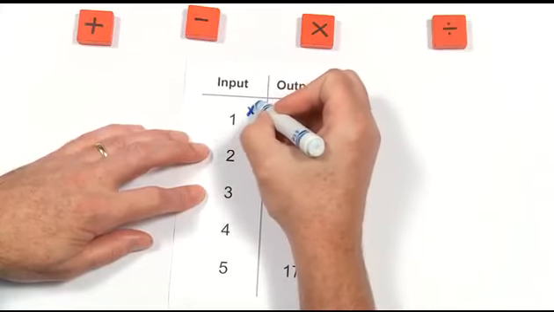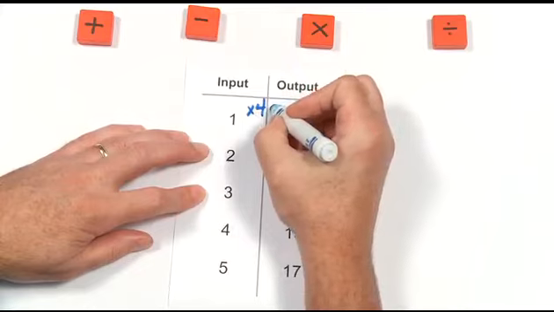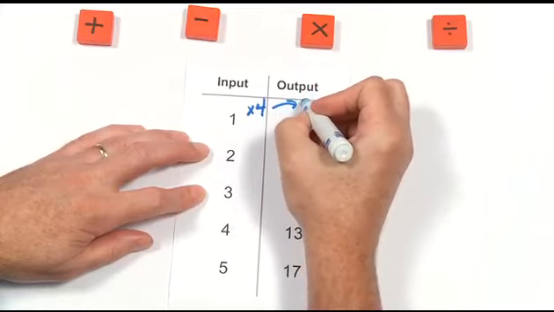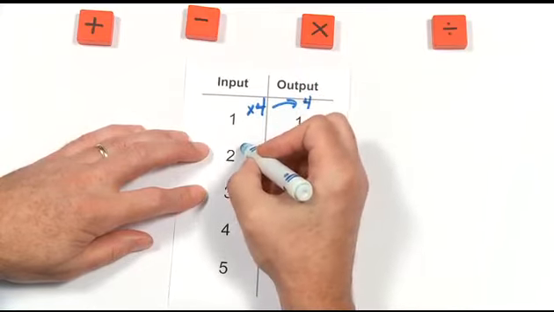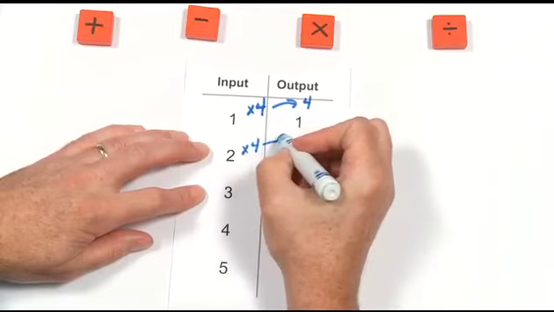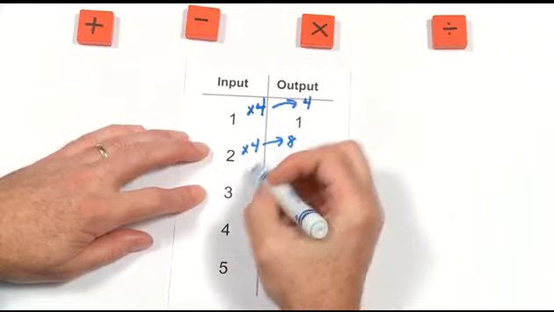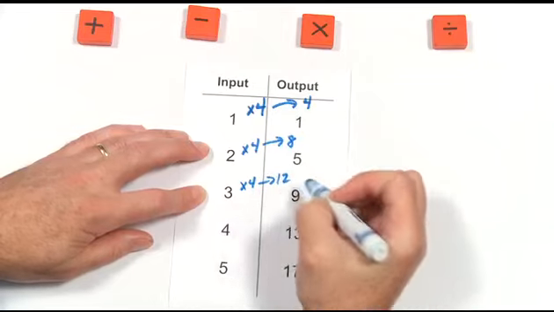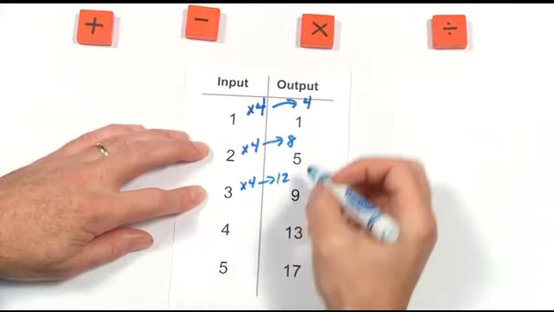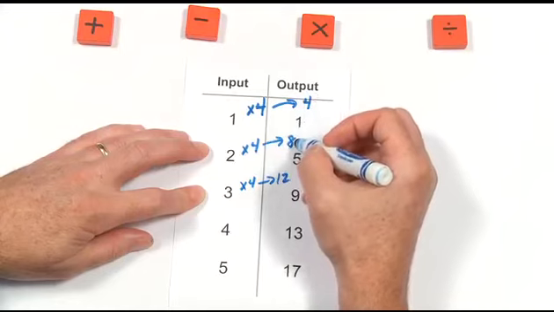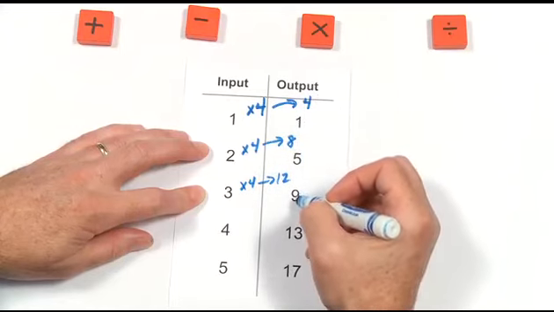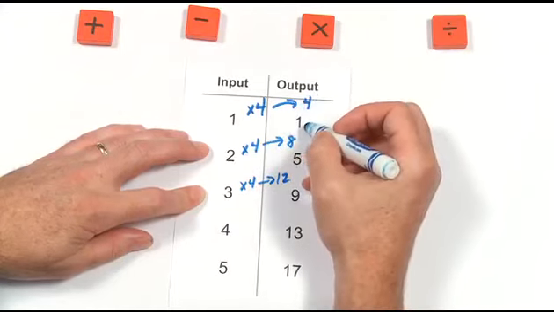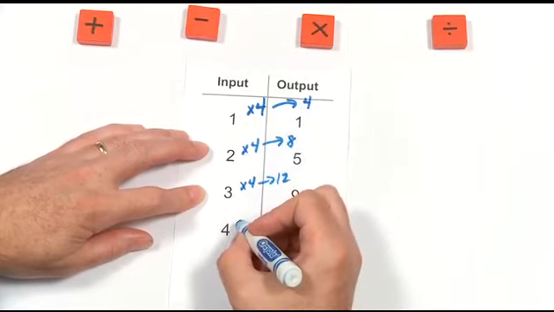So 1 times 4 gave me 4. 2 times 4 gave me 8. 3 times 4 gave me 12. And you know what's encouraging for me about this? I'm noticing that these are all greater than my output. In fact, they're all greater by the same distance.